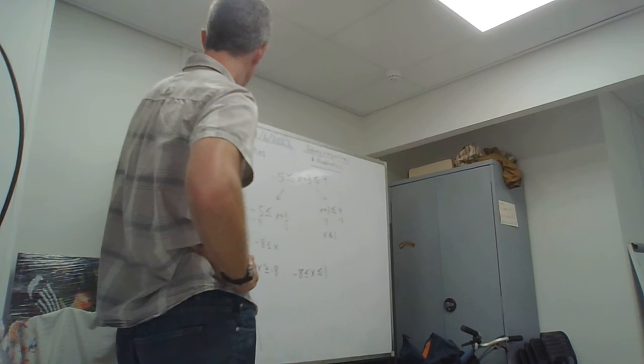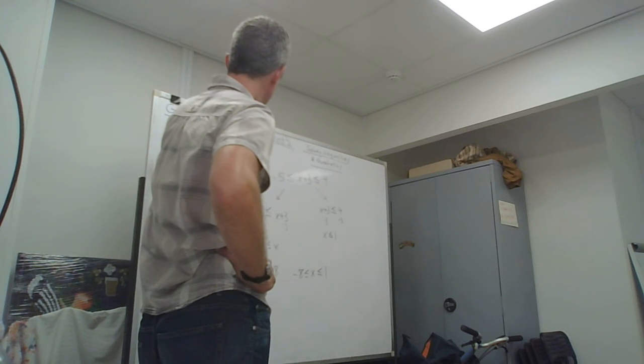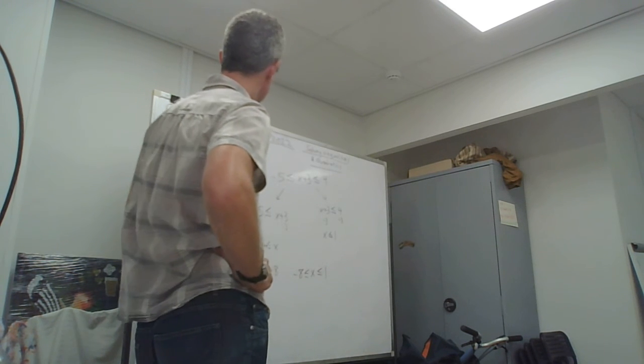Okay? So we have 5 is less than 2x minus 1, which is less than or equal to x plus 7.